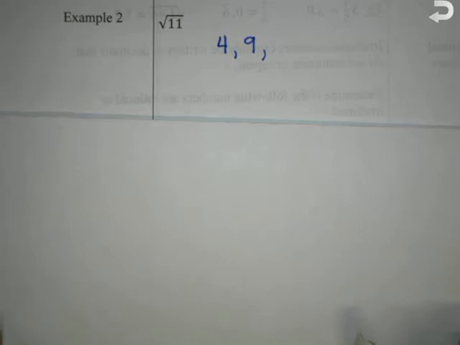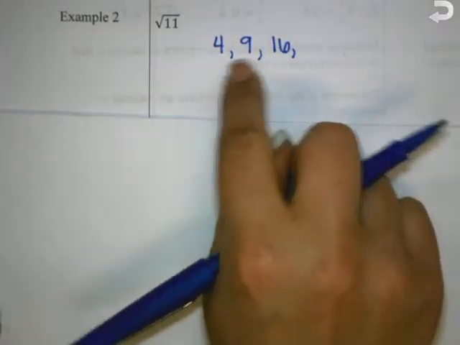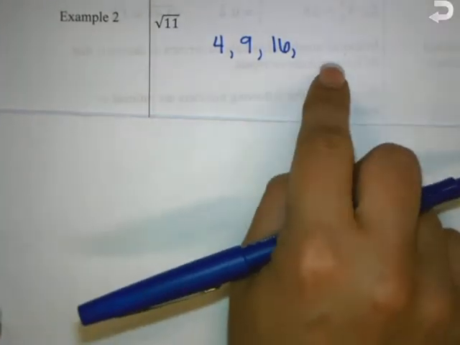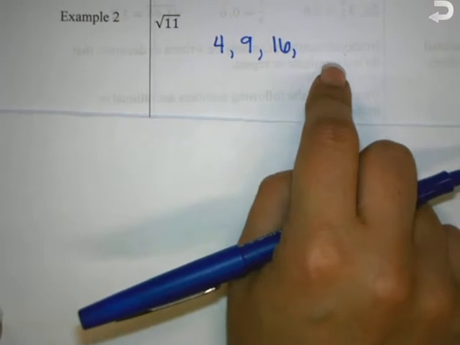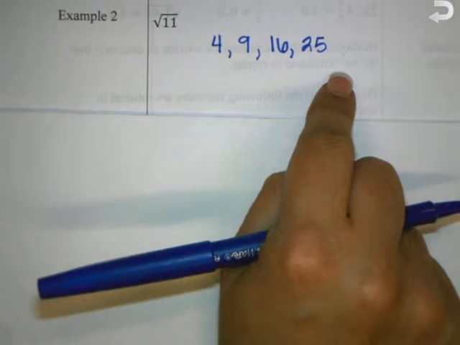No. Is 14 a perfect square? 16. 7 plus 7 is 14, but what's 7 times 7? 49. 16. How is 4 close to 11? We're just listing some. And what's the next one after 16? 25. We're just listing some perfect squares that are kind of close to 11.